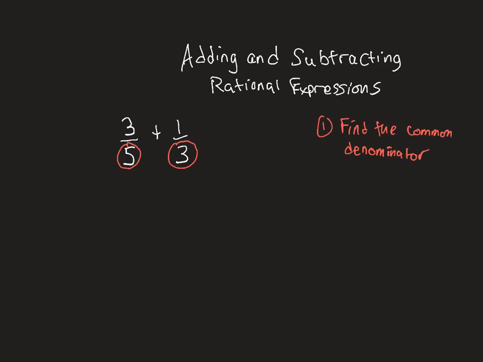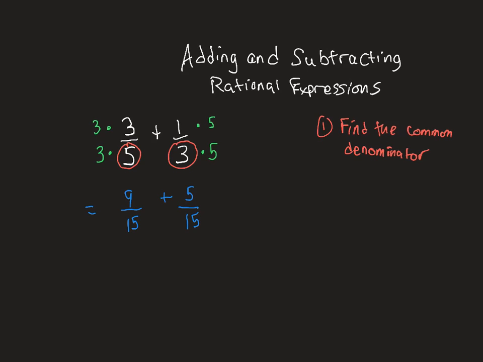So to do that, I would have to multiply the 5 by 3, which means I'd have to do the same thing to the top, because whatever you do to the bottom, you have to do to the top, and I have to multiply the 3 by 5. Same thing to the top. So that would give me 9 over 15 plus 5 over 15.